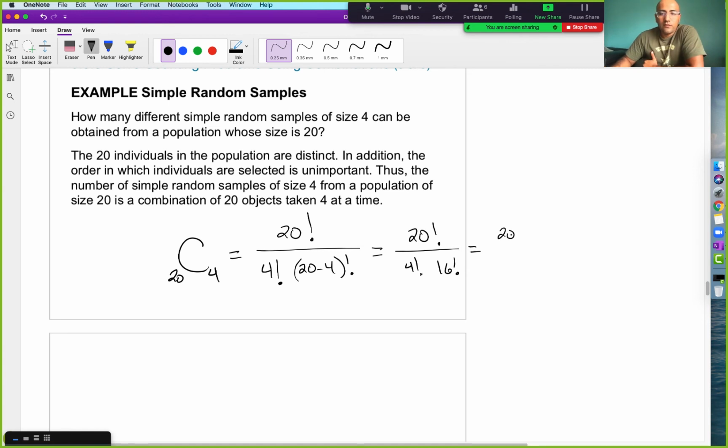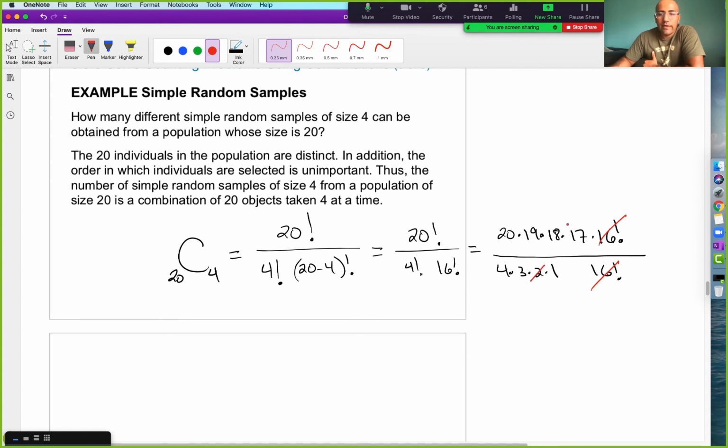So this is going to be 20 times 19 times 18 times 17 times 16, 15, 14, right? So the rest of it I can just write down as 16 factorial. Now this one I'm going to go ahead and expand. That's going to be 4 times 3 times 2 times 1. But the 16 factorial, I'm just going to leave it alone because I can see right here that it cancels with that one. Easy. So now it makes it a little easier to reduce some of these things.